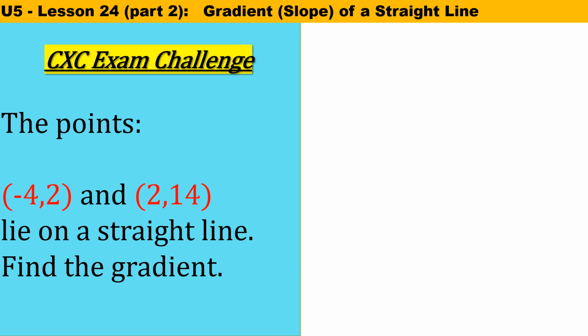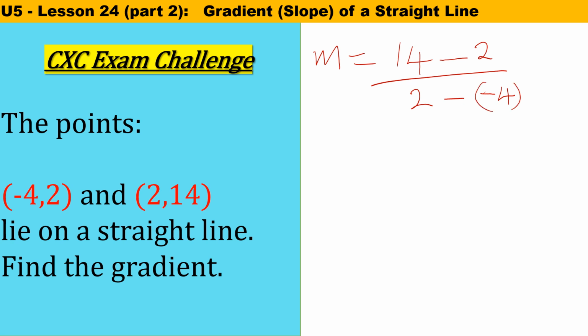So let's go. m equal 14 minus 2 over 2 minus -4. 14 minus 2 gives you 12 over 2 minus -4 gives you 6. 6 into itself 1. 6 into 12 goes 2 times.